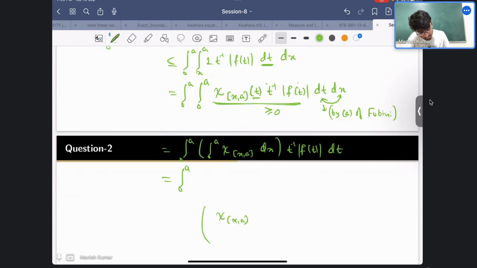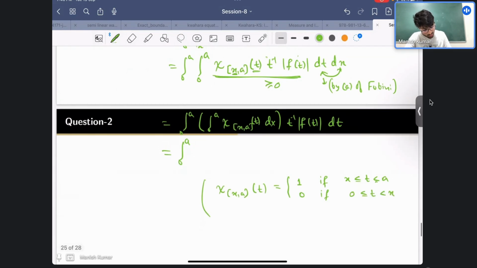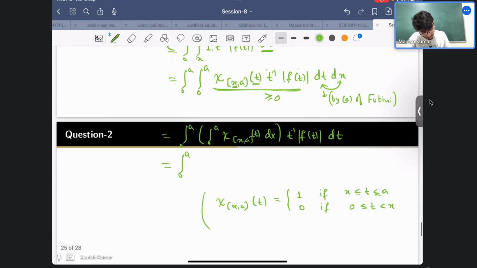It is a function of t, but x is involved here in the definition, so that's why dx will be here. Now let us see what chi of (x, a) of t is. By definition it's 1 if t lies between x and a, but it will be 0 if 0 is less than t less than x, right? So this is the definition of this characteristic function.